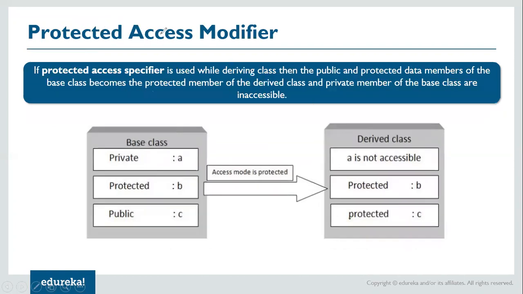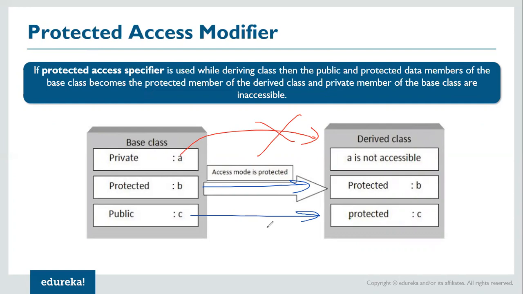If you are using the protected access modifier, we already know that private is not accessible, so this one is not allowed. Then protected will again become protected, and public will also become protected. And what is a protected member?